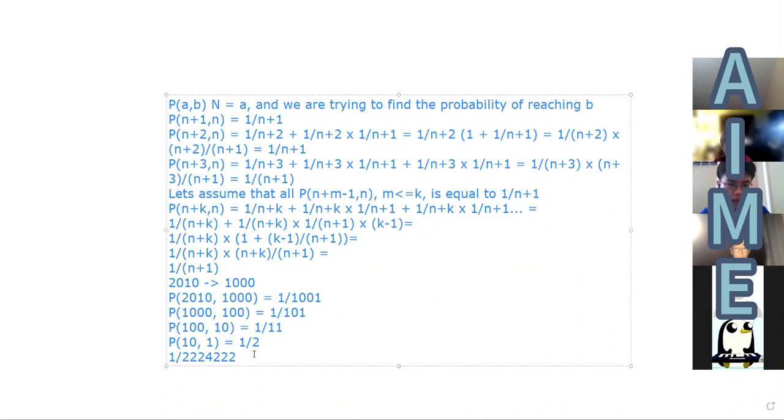And since 1 and 2224,222 are relatively prime, the remainder when m plus n, aka 1 plus this number, is divided by 1,000, which is what the question is asking, is going to be equal to 223. So the answer to the problem will be 223.